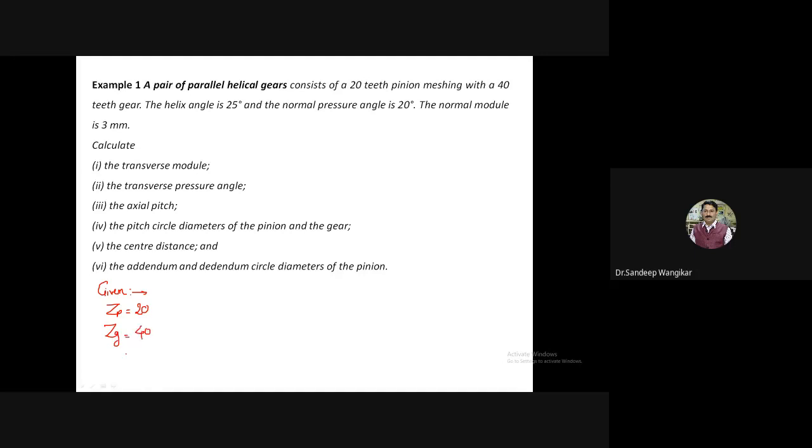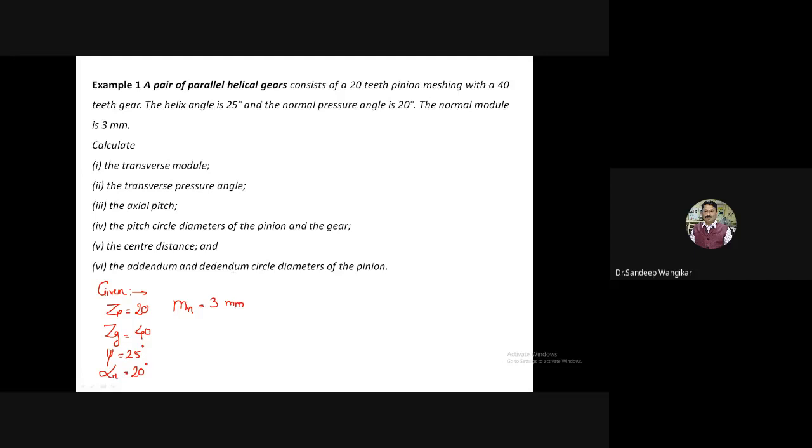The helix angle is 25 degree and the normal pressure angle is 20 degrees. So alpha n is equal to 20 degrees, and the normal module is given, mn is equal to 3 millimeters.